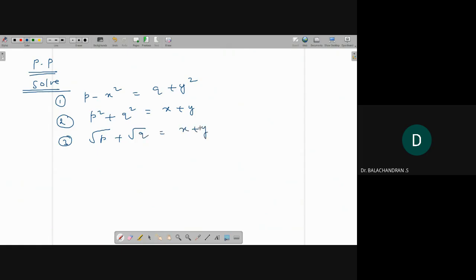And then the last one: p square y into 1 plus x square is equal to q x square.